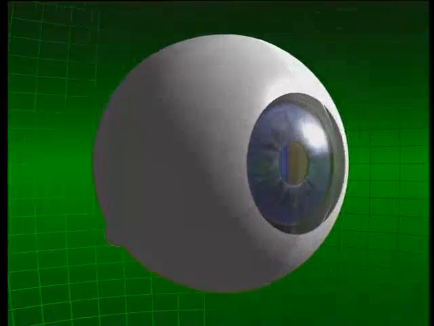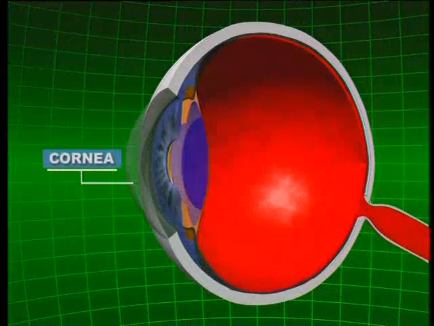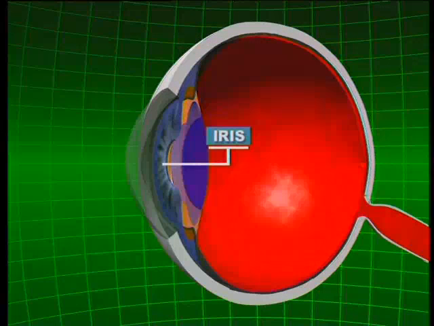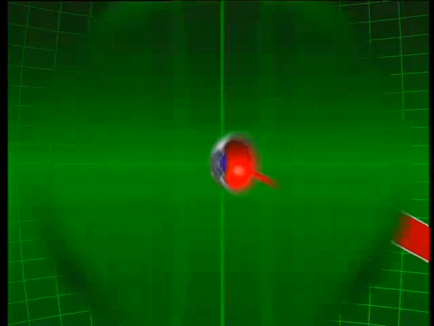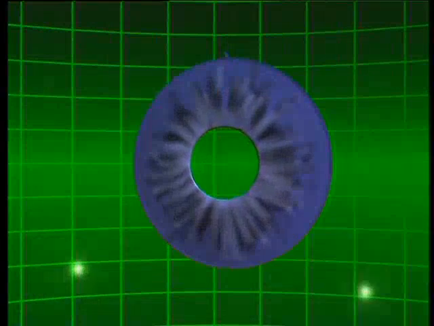The transparent layer in the front part of the eye is the cornea. Right behind lies the iris. Giving the eye its colour, the iris adjusts its size automatically according to the sharpness of light, thanks to the muscles attached to it.